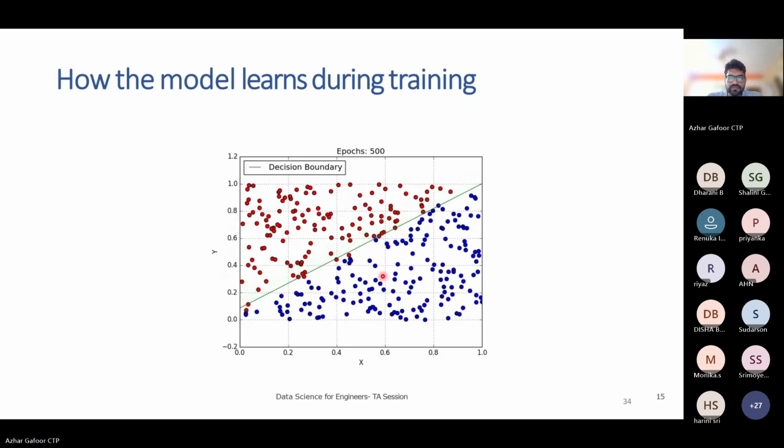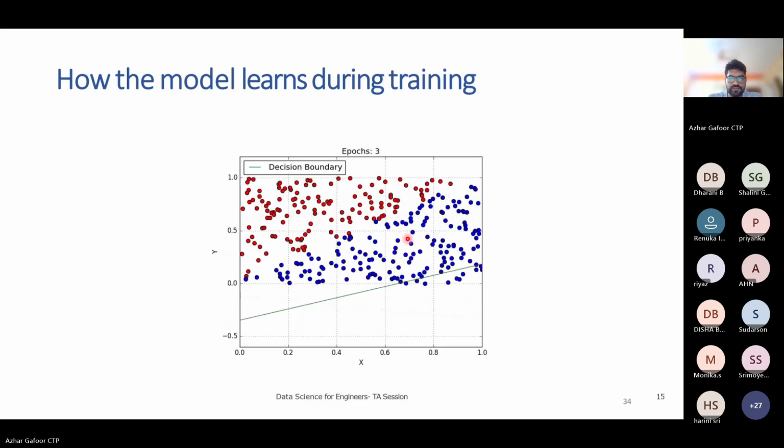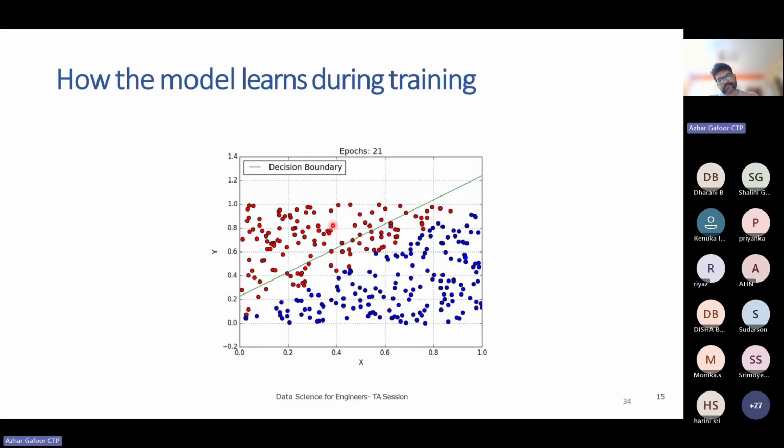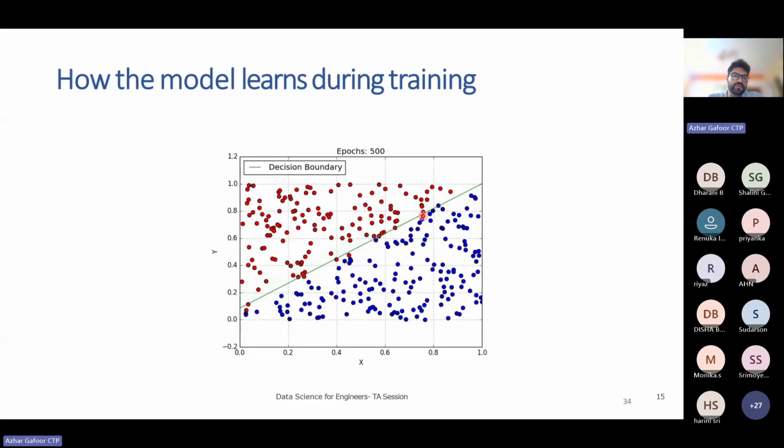In the beginning, the decision boundary will move away, so that the error is high, and in the end, the decision boundary is correctly set so that both the classes are separated.